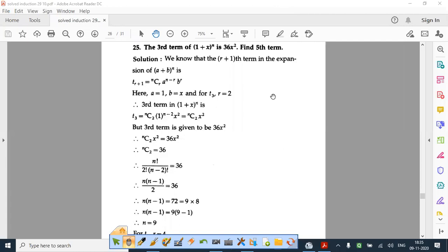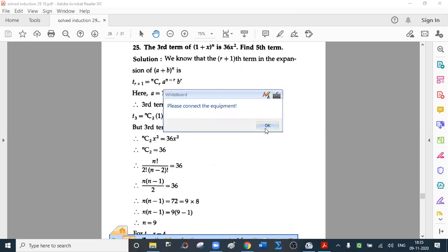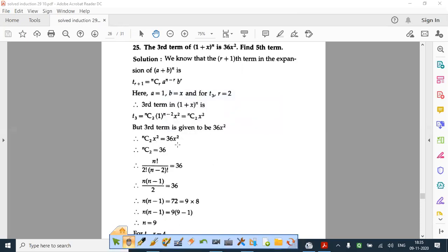25th sum, the third term of 1 plus x raised to n is 36x square. Find fifth term. Okay. So we must first obtain n. We know that general term is nCr, 1 raised to n minus r, that is 1, x raised to r, right? So third term is nC2 x square. It is given to be 36x square. So nC2 is 36.